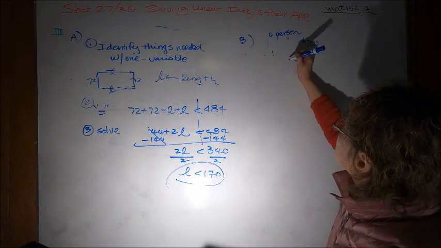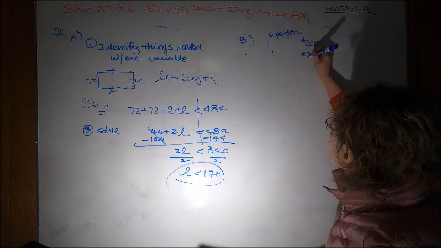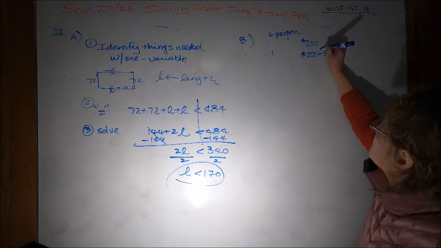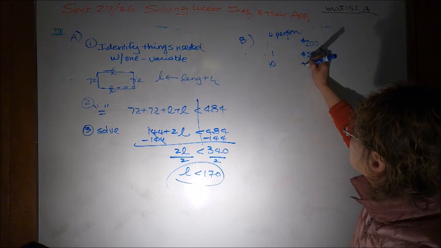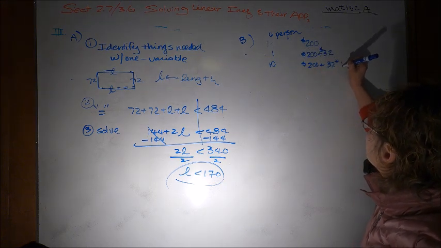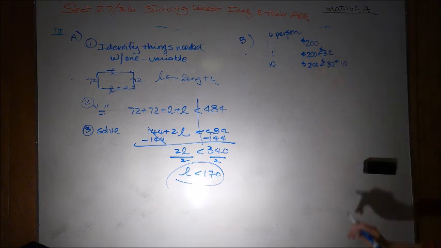If 1 person, how much will it cost her? $200 plus $32, right? If 10 persons, that will cost her how much? It will be 32 times 10 persons, right? Then she's trying to figure out how many people she can invite, right?